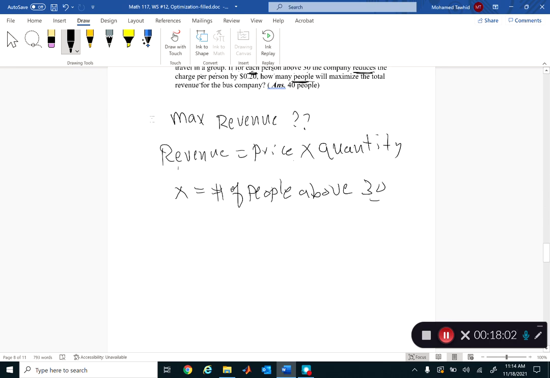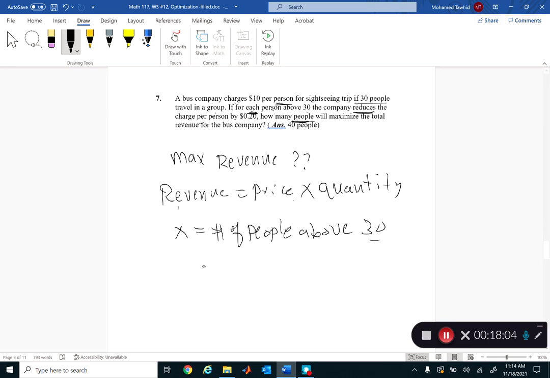So now, guys, how many? The quantity here, what is the quantity? 30 plus x. So 30 plus the number above 30, that gives you the quantity. What is the price? They sell at $10 if you have 30 people, right?